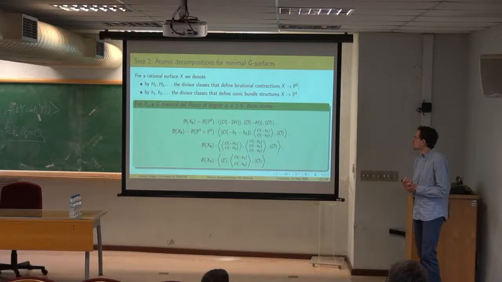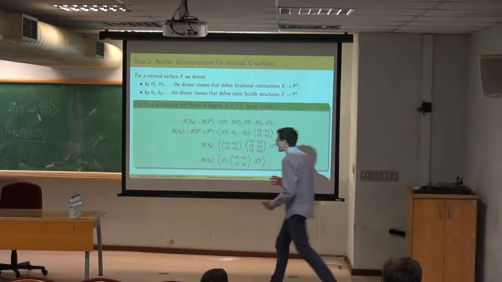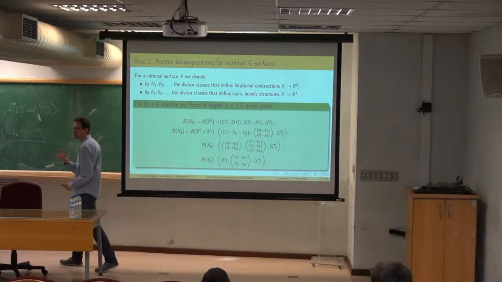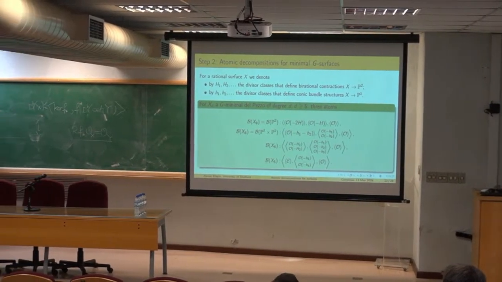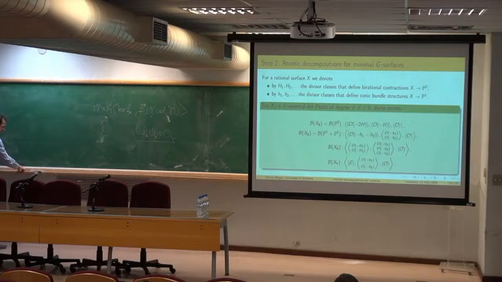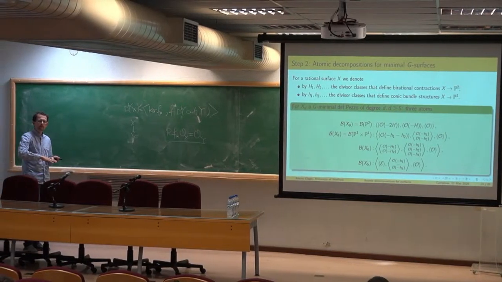For example, if you have a Del Pezzo surface of degree 6, which is the blow-up of P2 at 3 points, such a surface has two birational contractions to P2.